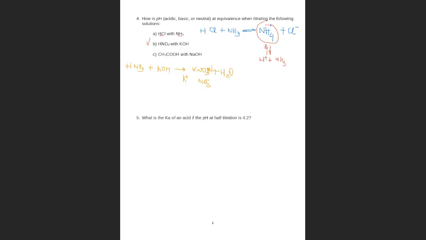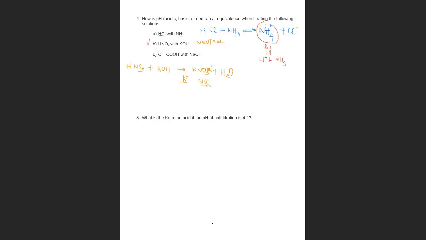Okay, so let's go over again because this actually is very confusing. So let's look at it. Why is it neutral? Because these are spectators. So this is going to be neutral, the B. When a strong acid is titrated with a strong base, which is what we have here, the equivalence point is neutral because none of the species has acid or base character.